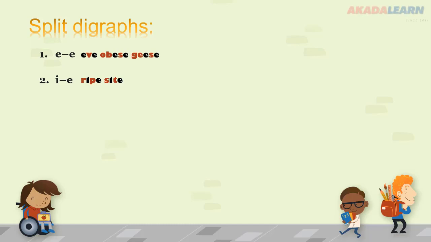Even though the I and E are separated by the letter P, they still make their sound. So RIPE is pronounced ripe. And SITE is pronounced sight. Like an area or a place is called a site. So we'll talk more about split digraphs later. Let's get back to our digraphs.